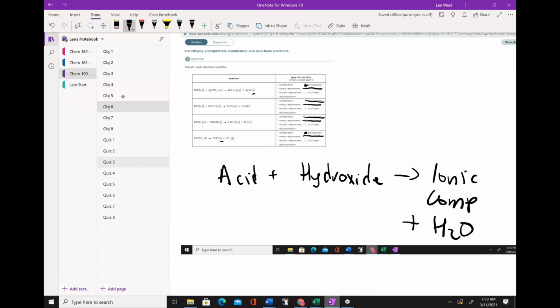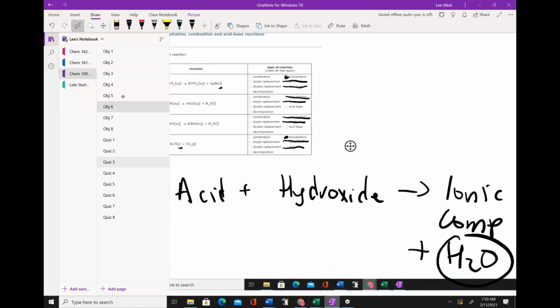So the first thing I'm going to look for when I'm thinking, is this an acid base, is the presence of water. Water, no water, so not acid base, no water, not acid base. So now I'm going to consider the two that are in the middle there as possibly being acid base.